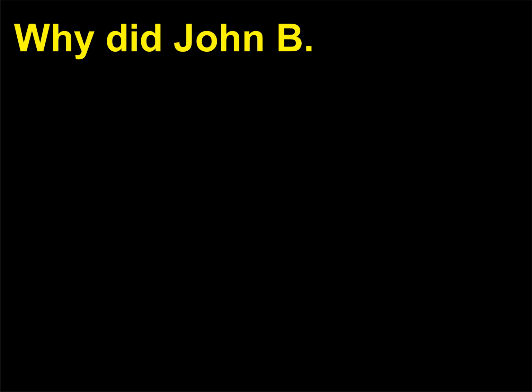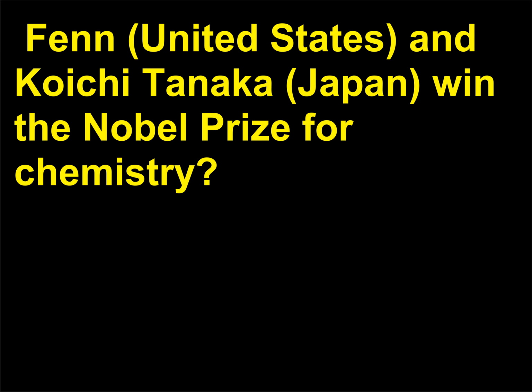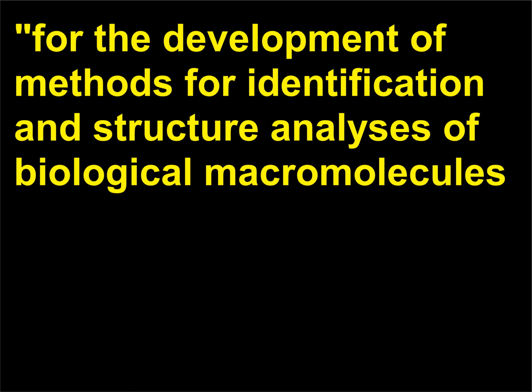Why did John B. Fenn, United States, and Koichi Tanaka, Japan, win the Nobel Prize for Chemistry? For the development of methods for identification and structure analyses of biological macromolecules.